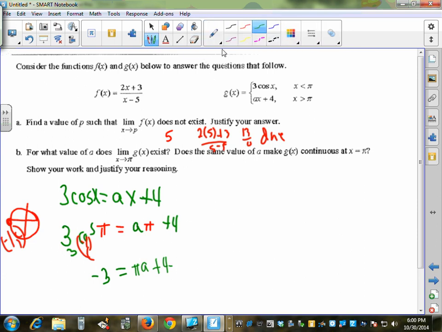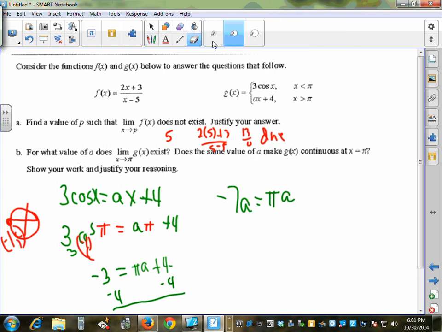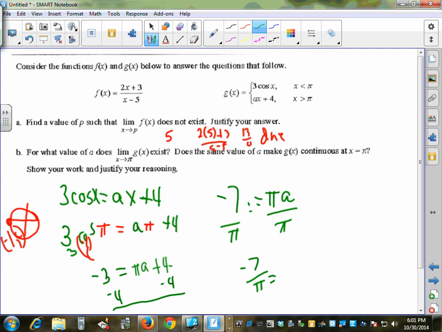We subtract our 4. That gives us -7 equals pi a. Divide both sides by pi. So the answer is -7 over pi equals a.